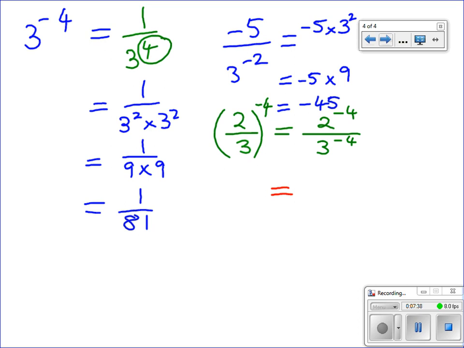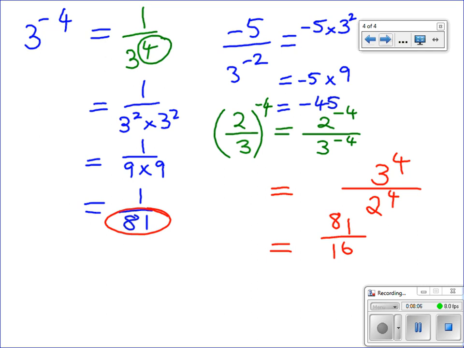We've got to make it into a positive index. So I'm going to put the 3 to the power of 4, and the 2 to the power of negative 4 becomes 2 to the power of 4. Now, 3 to the power of 4, luckily enough, we worked out down the bottom here. So 3 to the power of 4 is 81. 2 to the power of 4 just happens to be a nice one as well. It happens to be 16.